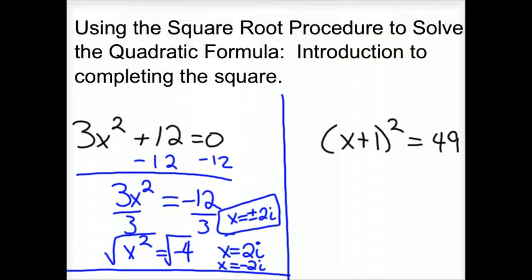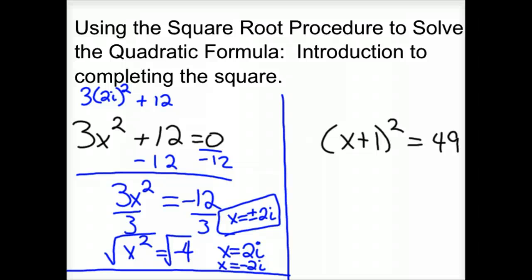But if you want to check to see if that works, you just plug in 2i. So you'd have 3 times, and this is kind of neat to use an imaginary number to get a real number, 3 times 2i squared plus 12. Well, if you solve that, we want to end up with 0 here.